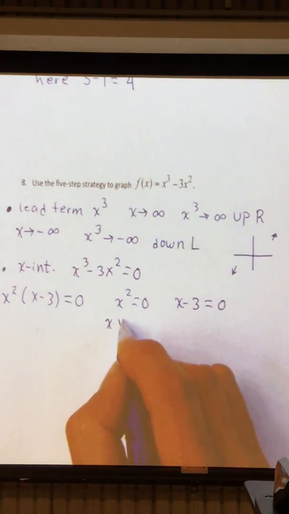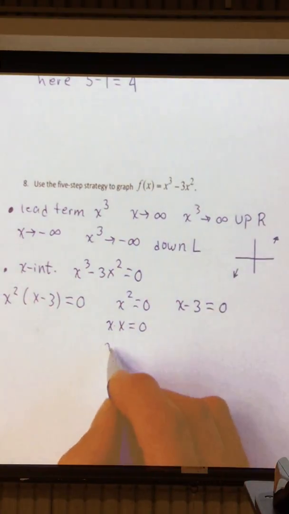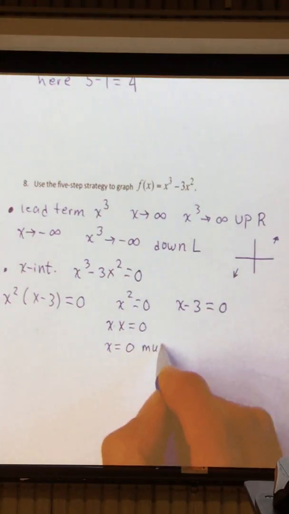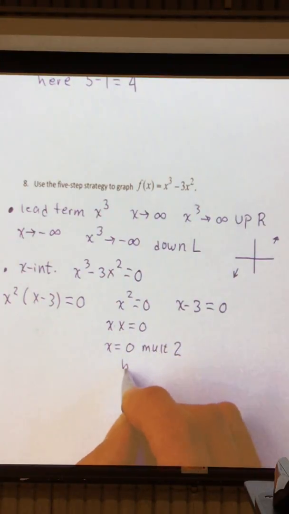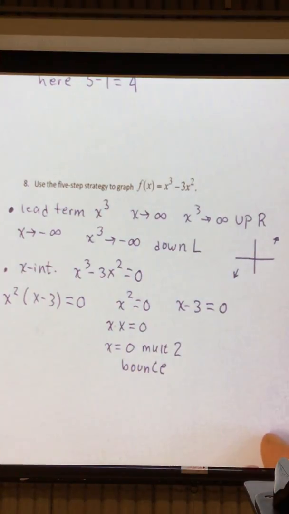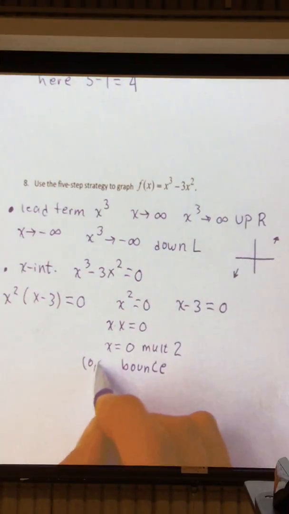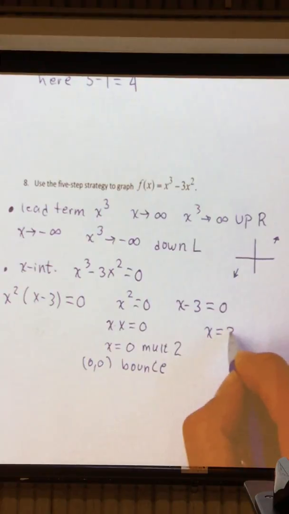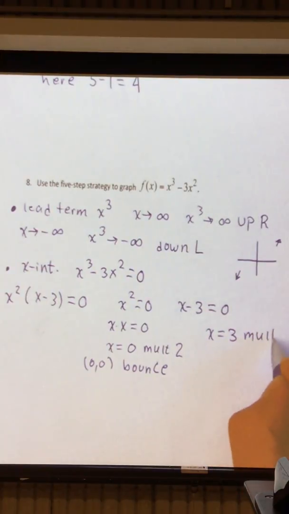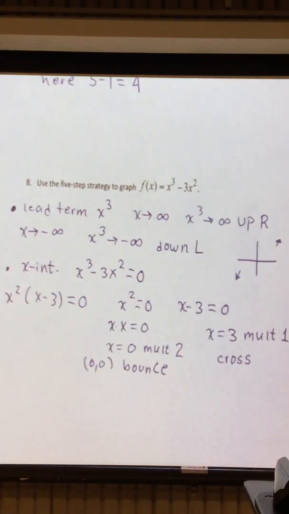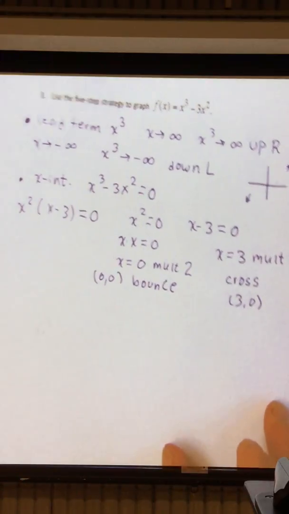Since x squared can be factored yet again, we get x equals 0 twice. So that is multiplicity 2, and the graph will bounce off the x-axis there at 0, 0. Then the second x-intercept occurs when x is equal to 3. Since that root appeared one time, the graph will cross the x-axis at that x-intercept of 3, 0.